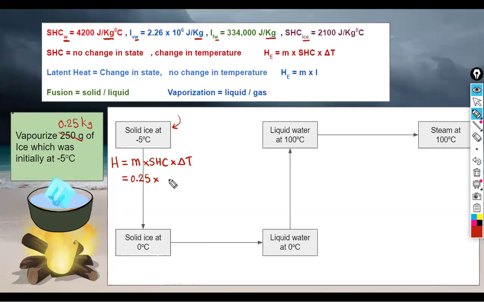Right, Alia, correct. Right, Salamatu, correct. Ishan, correct. The Spring, correct. Right, Princess, correct. Great. Remember, we're dealing with ice here. And the specific heat capacity of ice will be given to you by the examiner. You don't have to worry, right? So it's 2100. How much is the change in temperature?